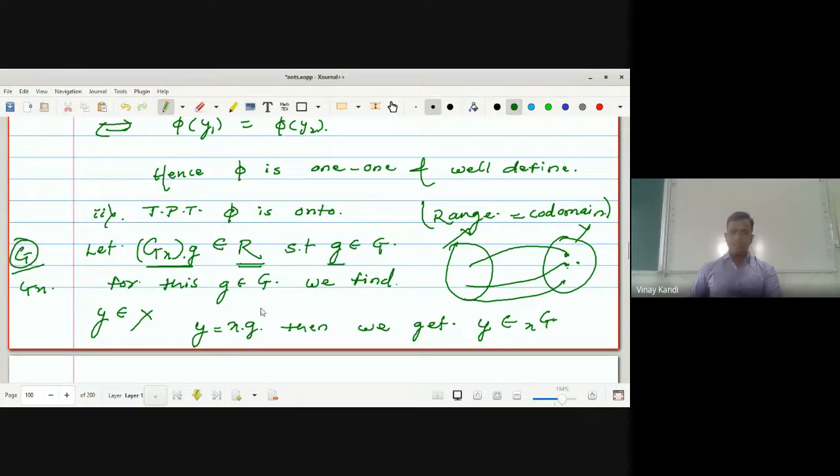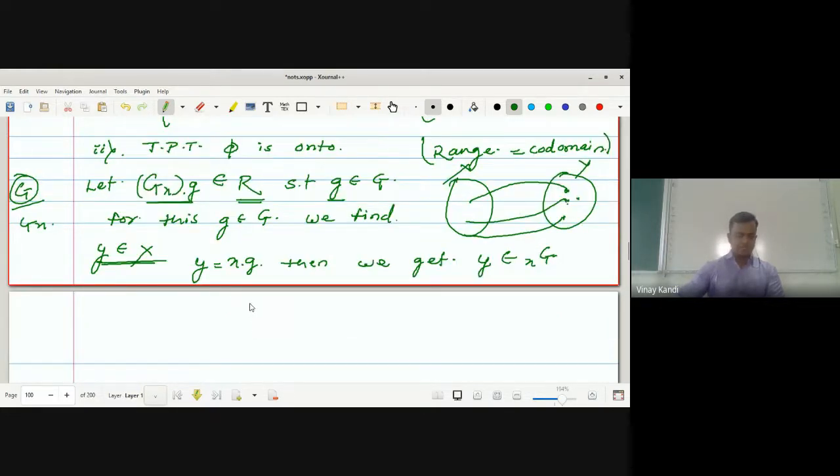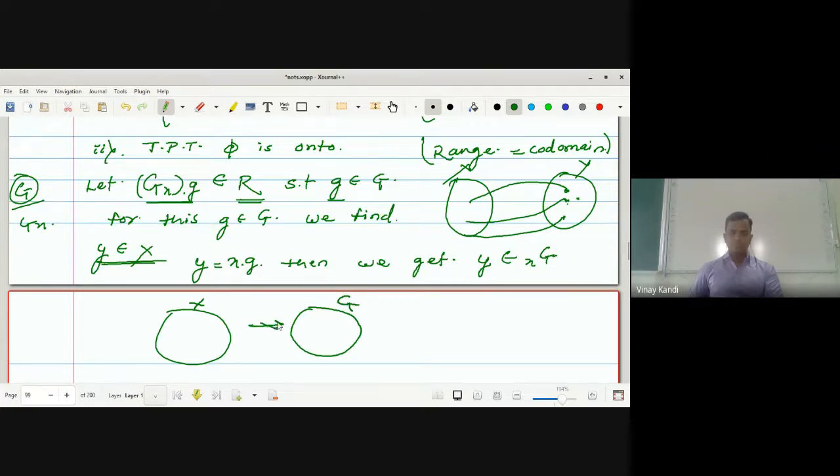तर या कॅपिटल G साठी मी काय केलं? We find an element y belongs to X. ओके. y belongs to capital X such that y is equal to xg. ओके. हा X काय तुमचा G सेट आहे ना. X is the G set.